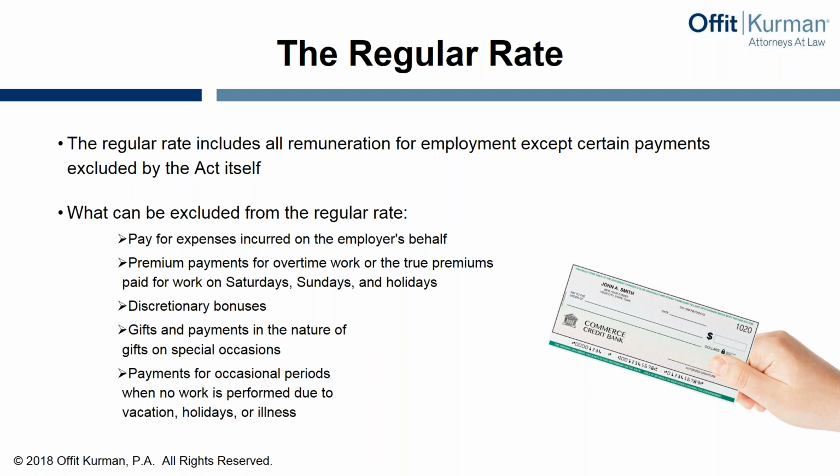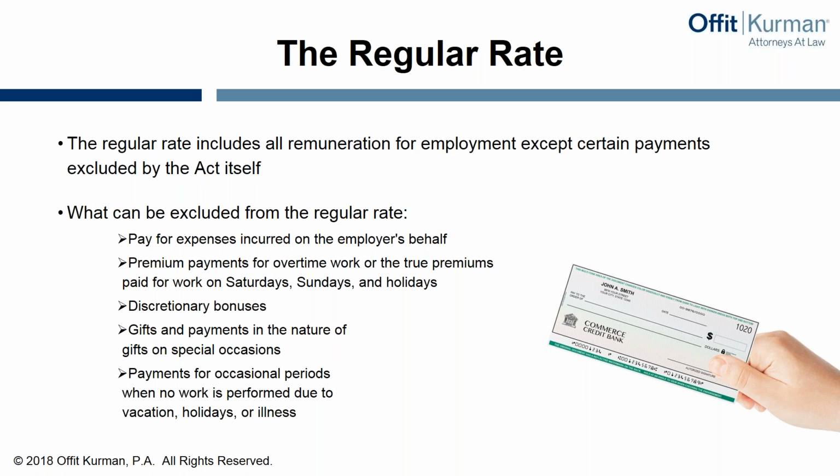Similarly, special occasion gifts. So if you give out a Christmas bonus or an administrative assistance day bonus, things like that, a birthday bonus, those would not be incorporated into the regular rate either. And then the last category of compensation that's excluded from the regular rate is effectively PTO.